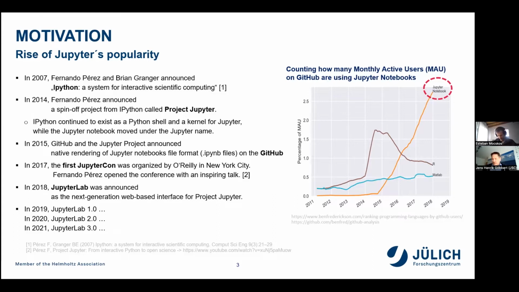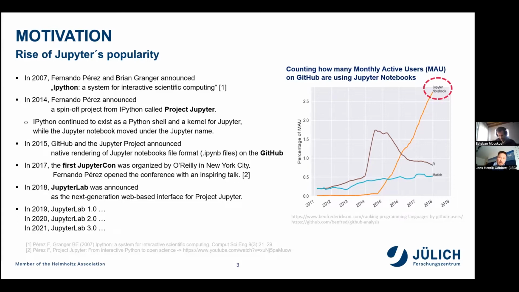Yes, it just goes to 2018. I'm sure it would show even more Jupyter notebooks in Git repositories at GitHub if I had taken the time to go on with this plot. But I just want to have it here as motivation that it makes sense to look into that.